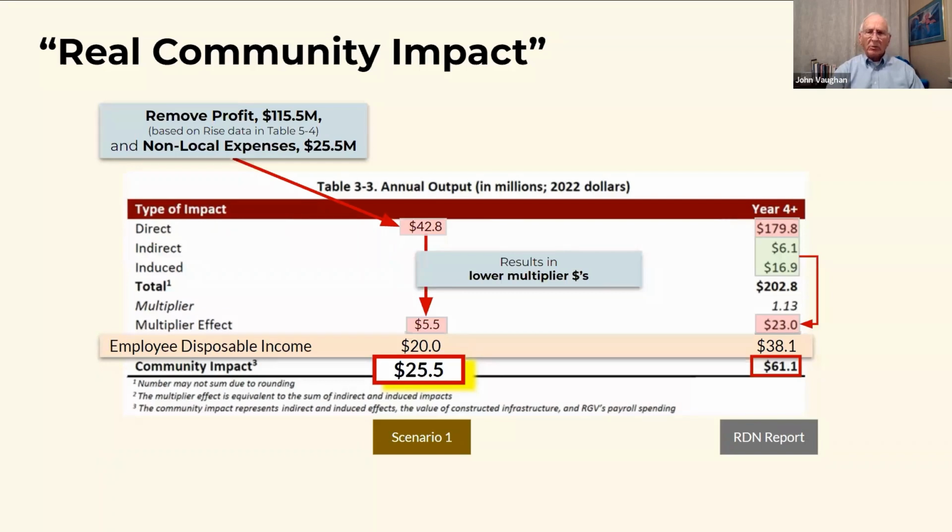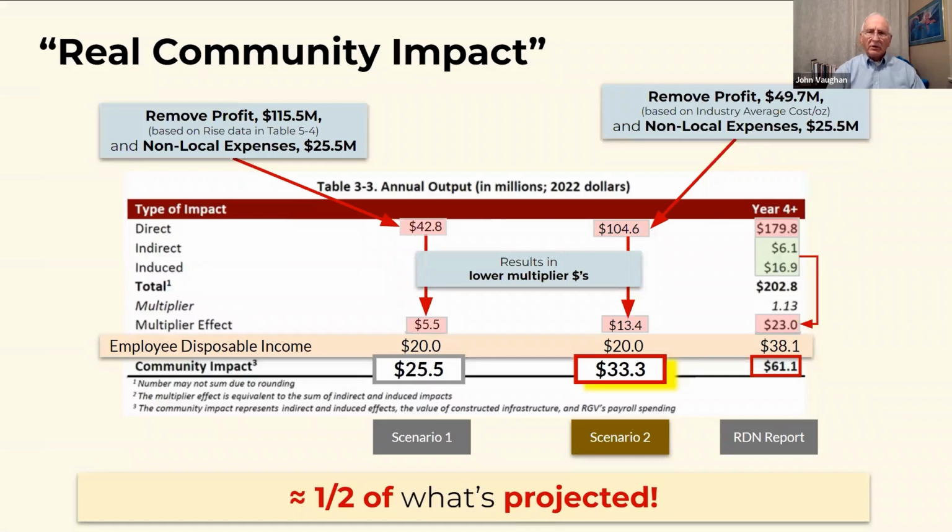Then RISE claims total payroll of 38.1 million, but that includes employer taxes, benefits, employee taxes, virtually none of which are spent in Nevada County. The employee disposable income is closer to $20 million. So 5.5 million from the multiplier effect plus 20 million makes the real community impact about 25.5 million. Not 61.1. Next slide, please.